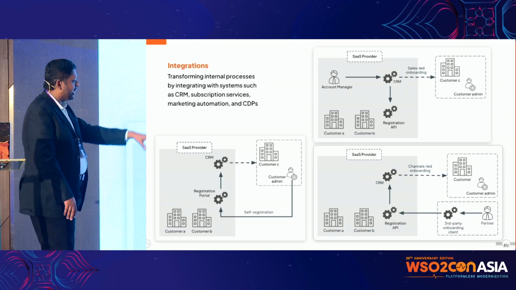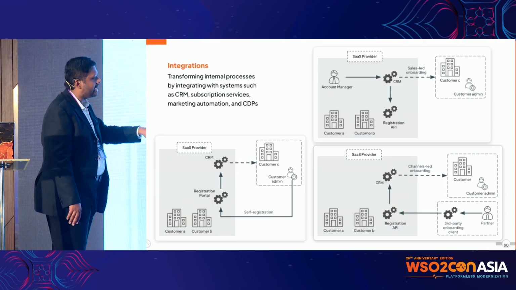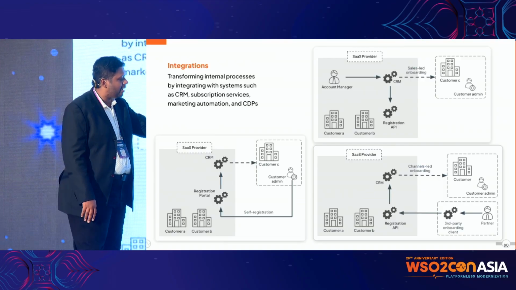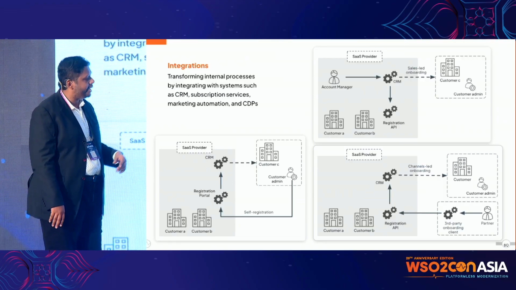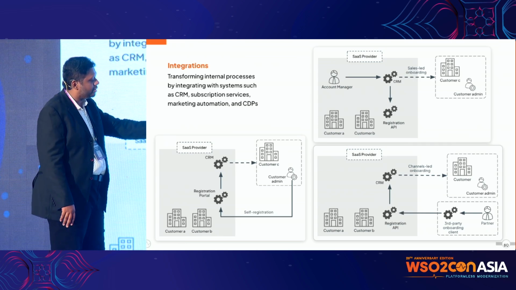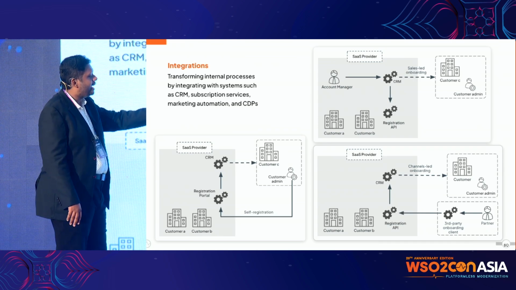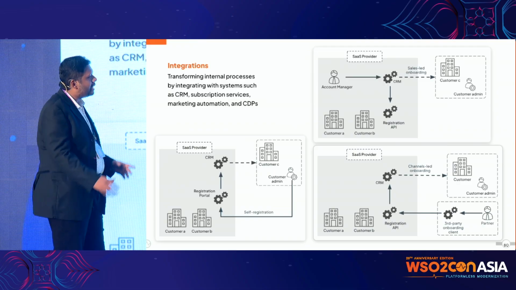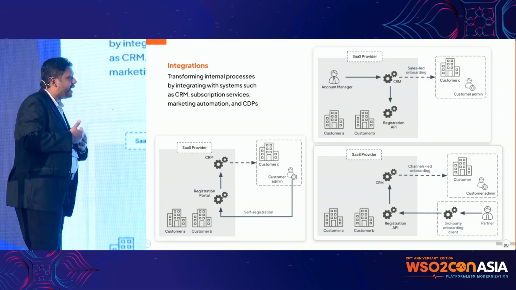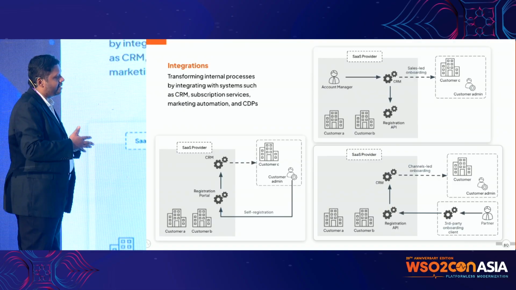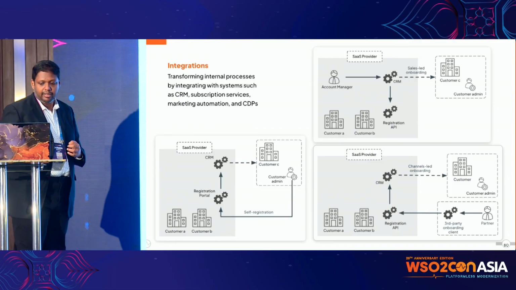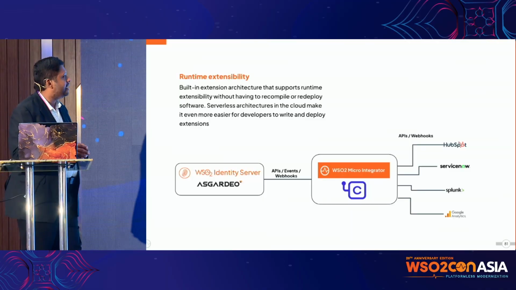So the entry point is different, but it goes through the same workflow. And there can be other ways, such as a third-party client onboarding a partner, which goes into the self-registration API and kicks off the same process. So there are multiple ways to get entry into the process, and the same process will follow. That's basically why we need these APIs and events.